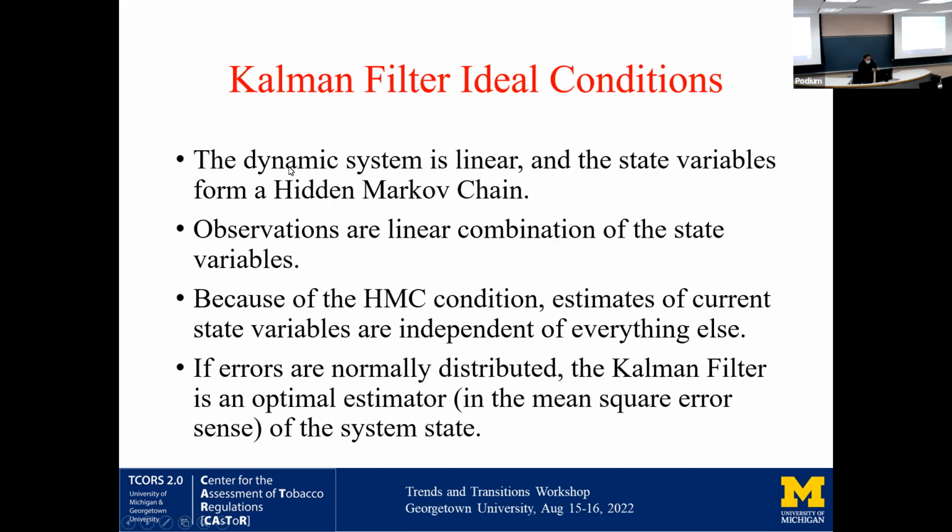Okay. The dynamic system is linear, so for ideal conditions, the dynamic system is linear, and the state variables form a hidden Markov chain, as I showed you before. The observations are linear combinations of the state variables, and because of the hidden Markov chain condition, the current state variables are independent of everything else, because they just depend on the previous state.